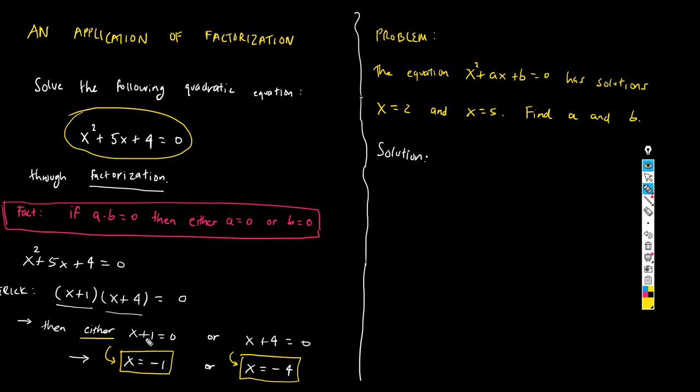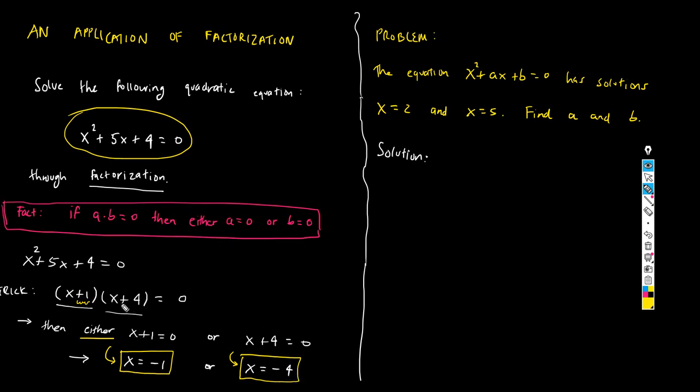Now, the only other thing that I want you to realize is that these solutions can be quickly obtained out of these two binomials. If you notice, x equals minus 1, which is the opposite in sign to this number. And x equals minus 4, that's the solution to this equation.